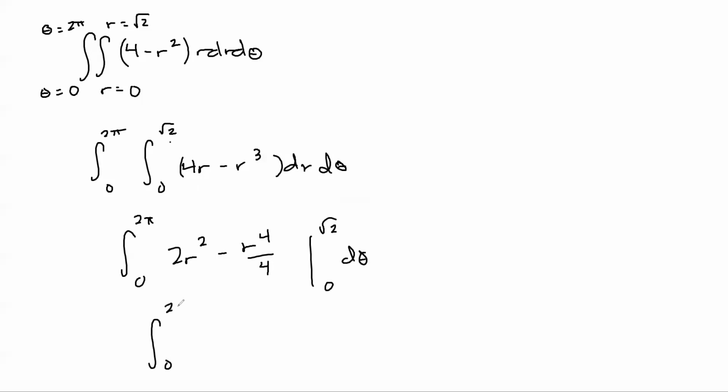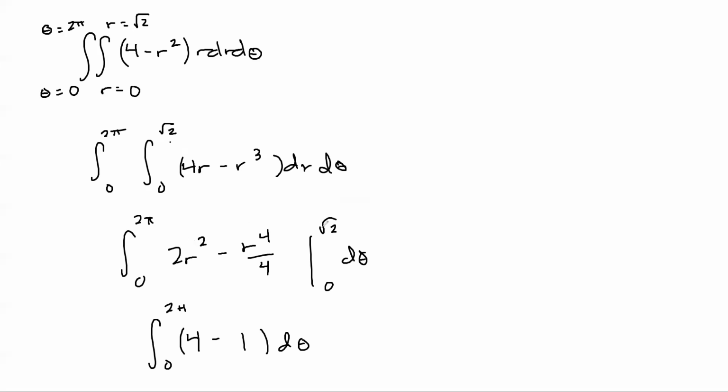You could plug in root 2. Root 2 times root 2 is 2, times 2 is 4, minus root 2 to the 4th... Wait, what? Oh, sorry. I forgot about the 4 in the denominator there. I was like, wait, that's 4 too. Well, maybe the volume is 0. That doesn't seem possible.